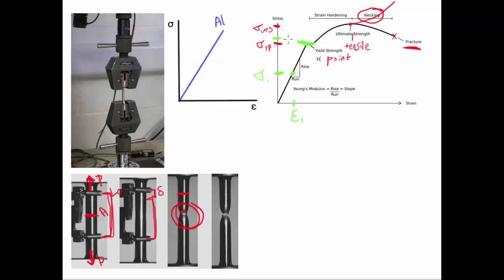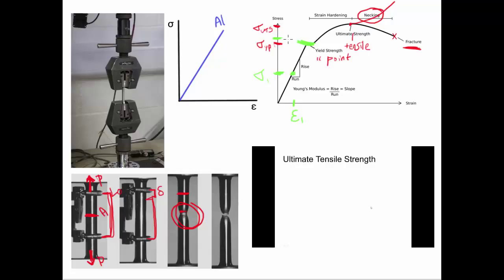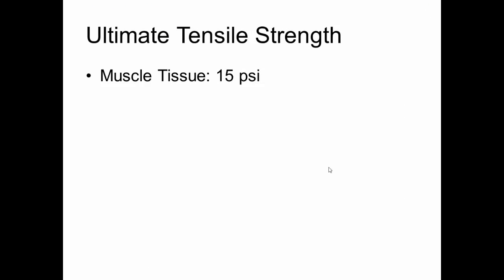Okay, let's put some numbers to some of these concepts. Let's examine the ultimate tensile strength for a few common materials. Muscle tissue has an ultimate strength of only 15 pounds per square inch. Concrete has one of 600 pounds per square inch, which is actually rather small, which is why concrete is typically reinforced with steel bars.